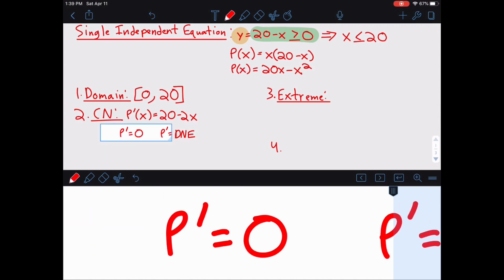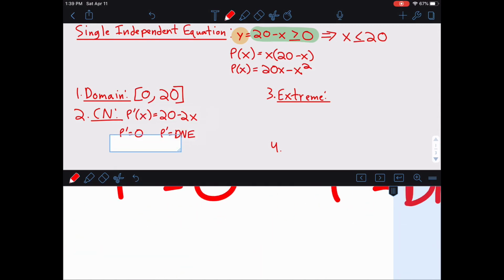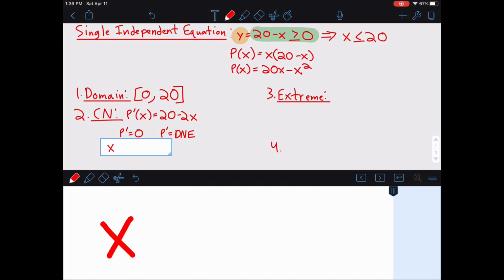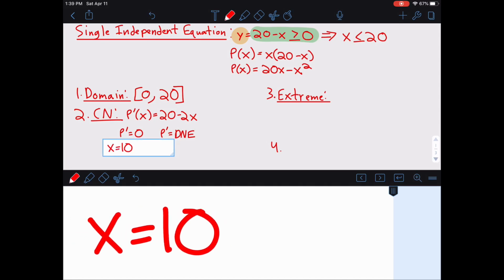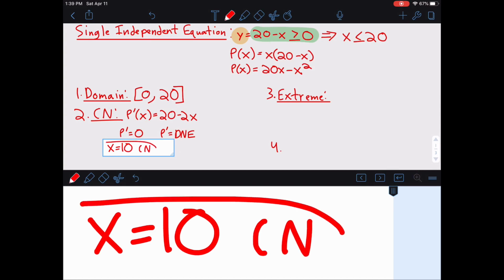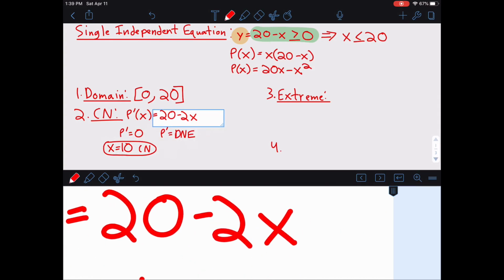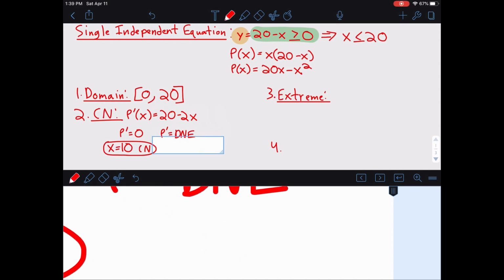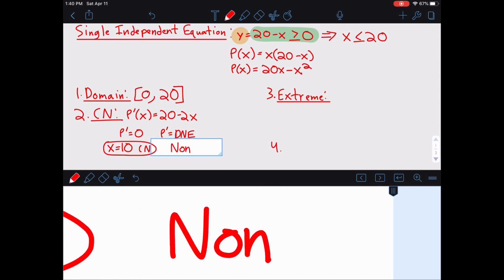And so P prime equal to 0, 20 minus 2x, set that equal to 0. You guys know how to solve that. We're going to get x equals 10, and that is going to be my first critical number. And 20 minus 2x is linear, right? And so it's going to always exist.